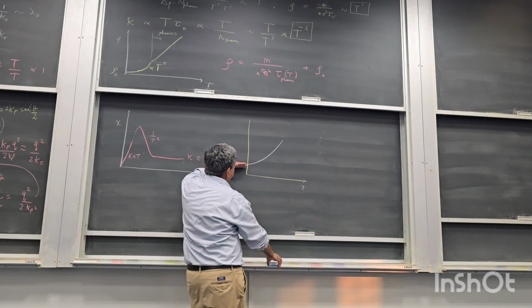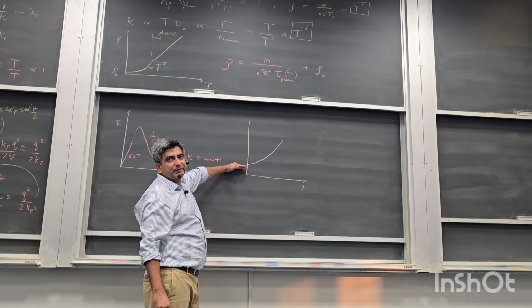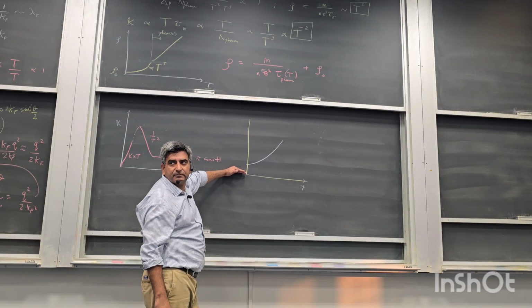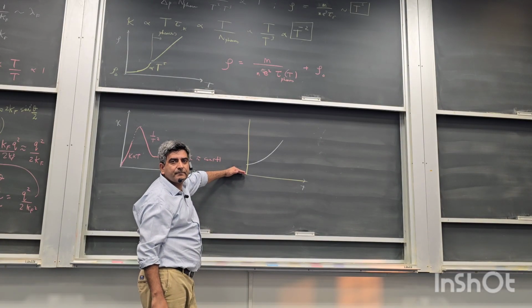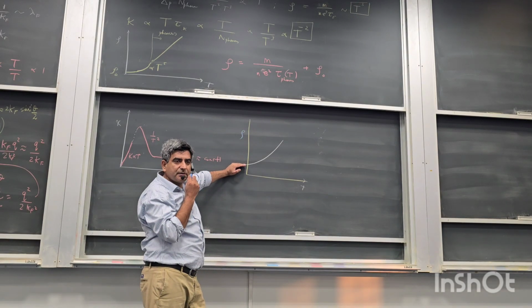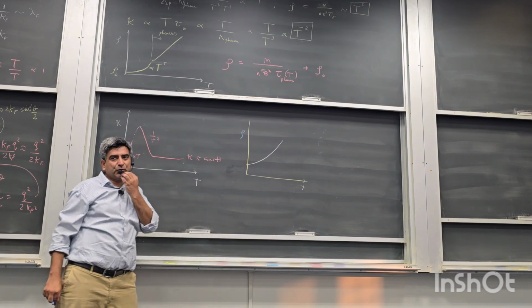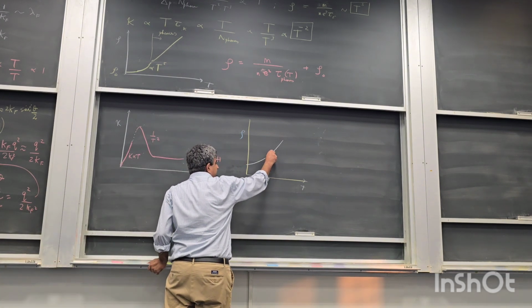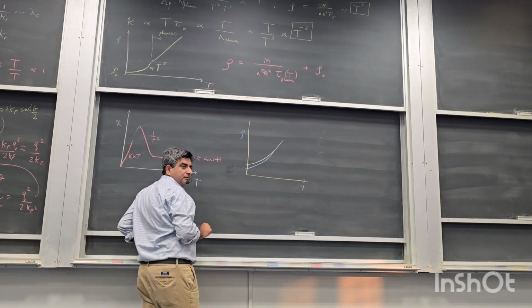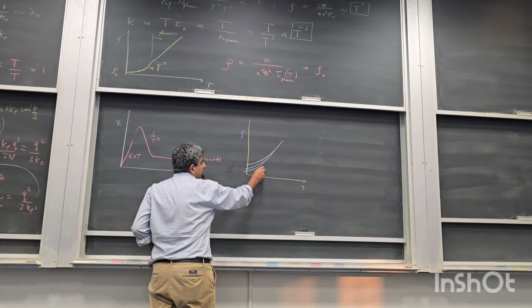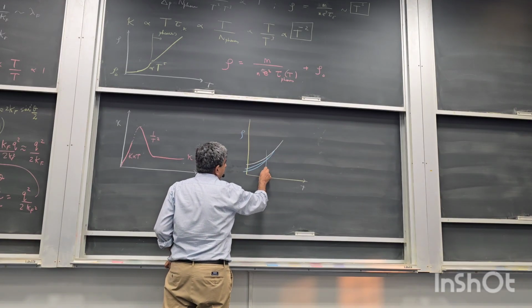If I have a purer sample, what will this curve look like? Resistivity versus temperature. You have a purer sample. So the curve will look something like this. Okay, so purer samples lead you to resistivities of this kind.